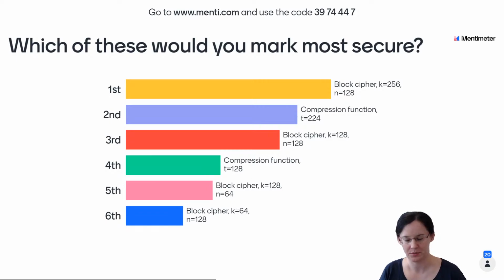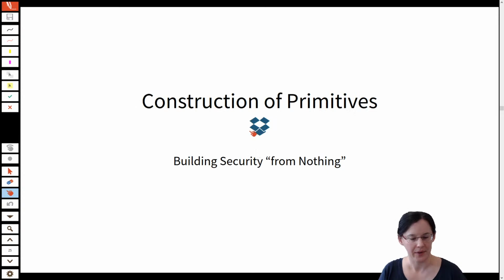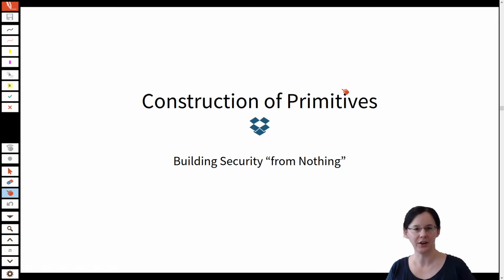Let's head back to the slides and have a look at how to construct primitives. The challenge that they essentially try to solve is to build security from scratch. We said that this is more or less the bottommost layer.